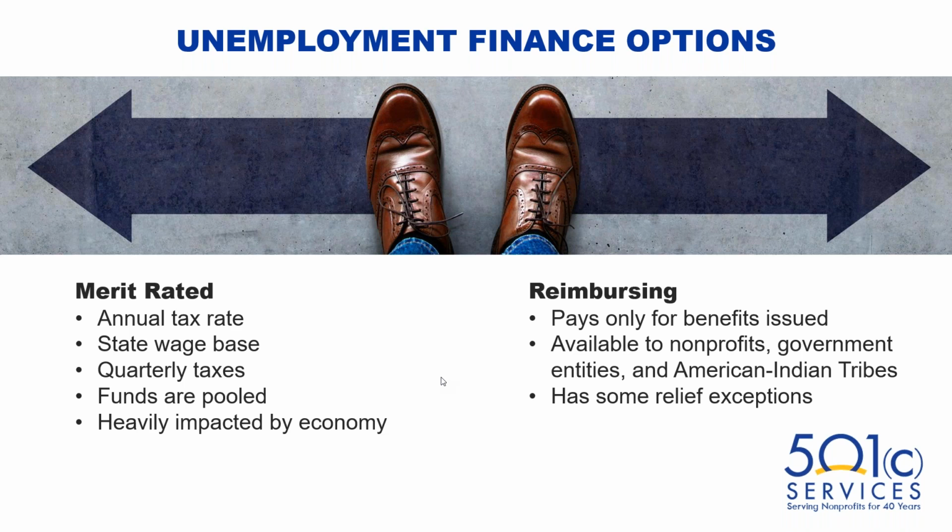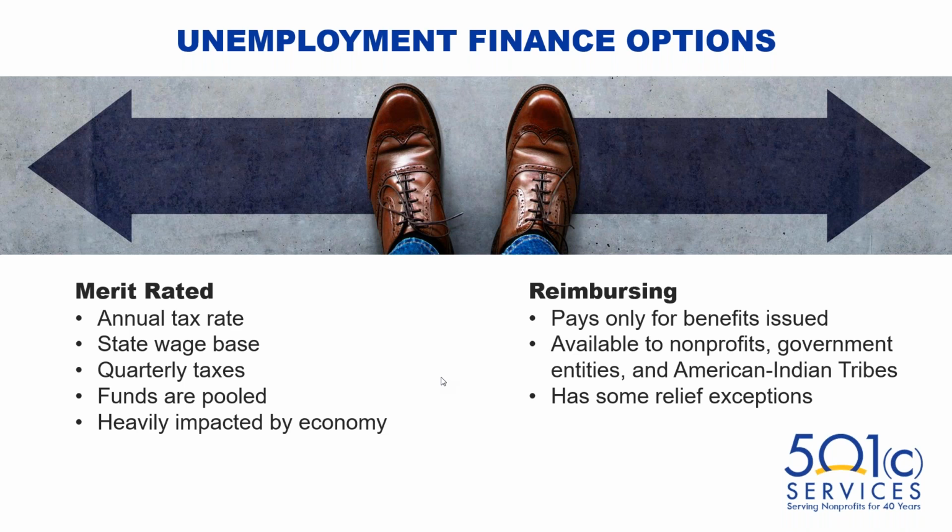And so you, as an individual employer, might not have a lot going on, but if other employers in your state do, your taxes will go up just as a result of that. When you're a reimburser, you don't have that issue. And so, like, during the pandemic, it was a little scary for reimbursers because they didn't have that tax system to fall back on.